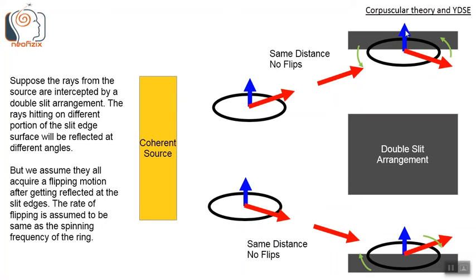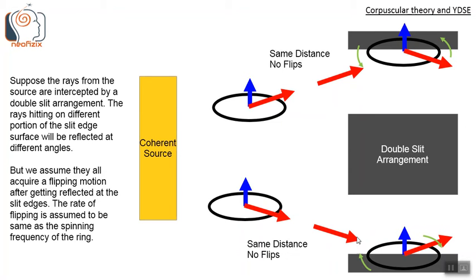The rays hitting on the different portions of the slit edge surface, that is here, or a surface like this, will be reflected at different appropriate angles according to the law of reflection. But we assume that they all acquire a flipping motion.